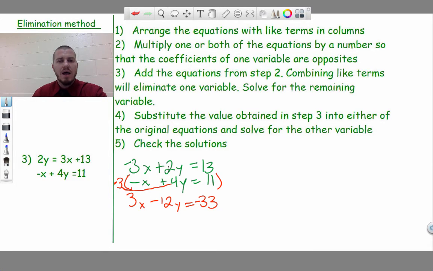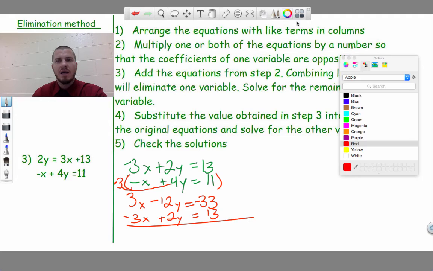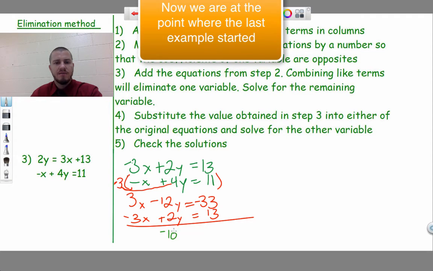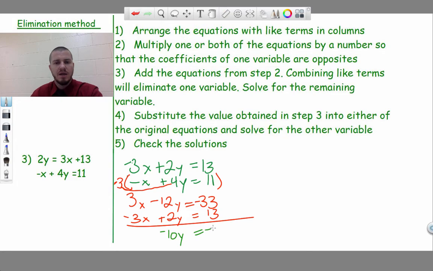Let me rewrite this equation under it. Negative 3x plus 2y is equal to 13. And now I can combine them. So these will cancel out. This becomes negative 10y is equal to, and these combine to be negative 20. When I divide by negative 10, I get y is equal to positive 2.